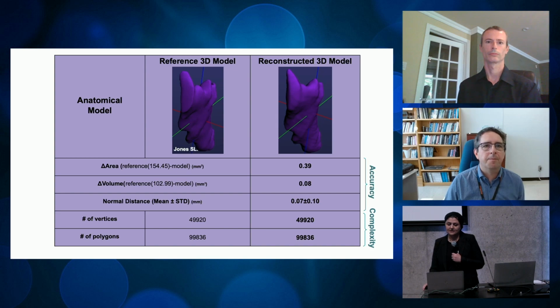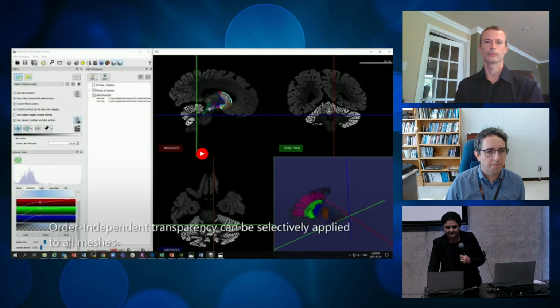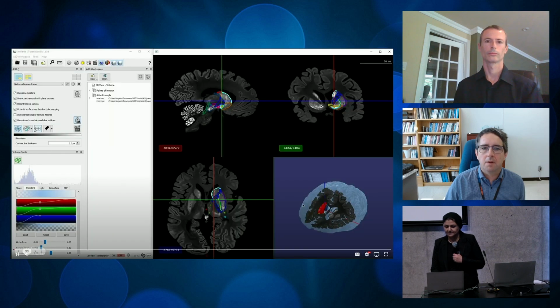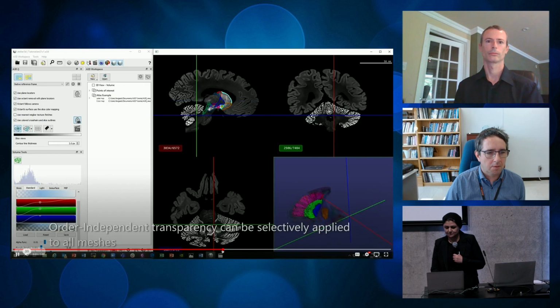For the accuracy, I have tried to preserve the area and volume and distance between the smoothed and reference surface. For example, here, when you saw the surfaces of basal ganglia that Aisha has painted, these are the results of my work that I have smoothed.